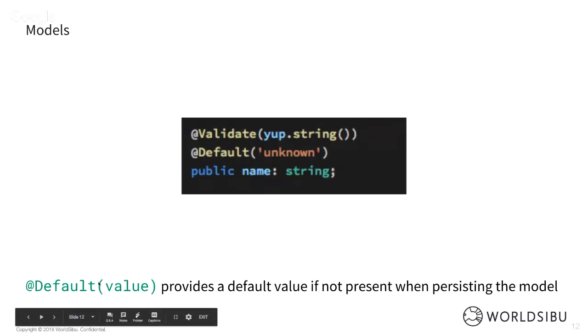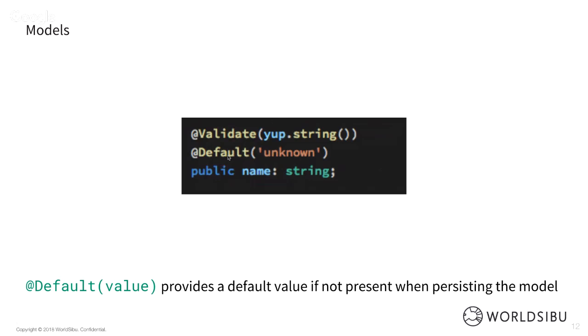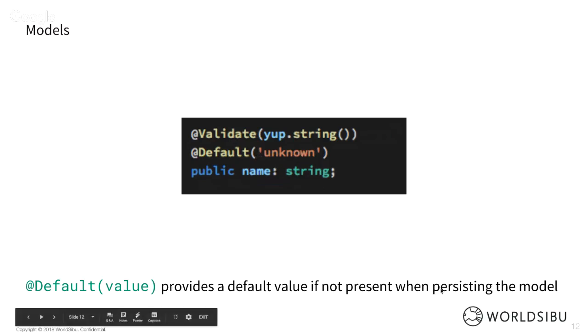Another decorator that we have is the default value. When you're trying to save a model and it doesn't find any value for this property, it will just assign whatever you have in the default. It's important to make sure that this is a persistent model.